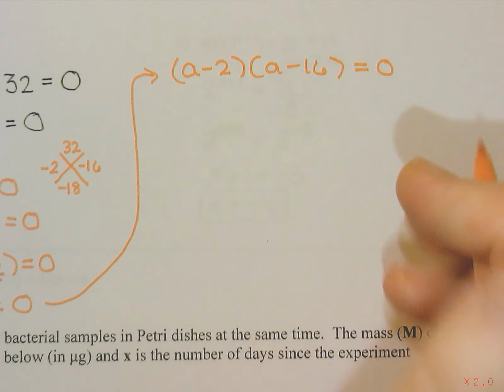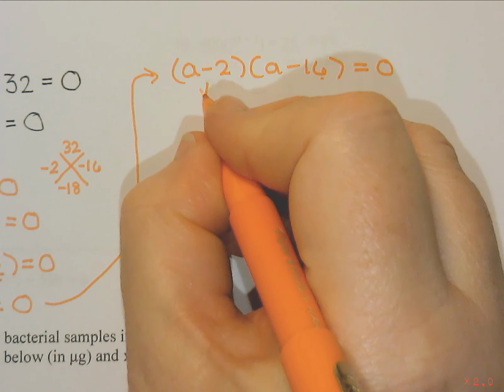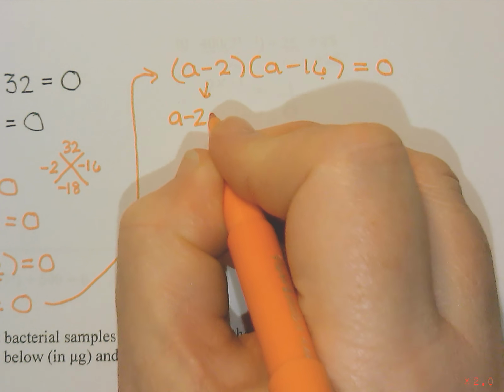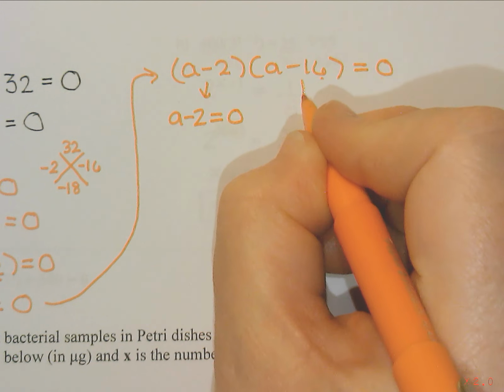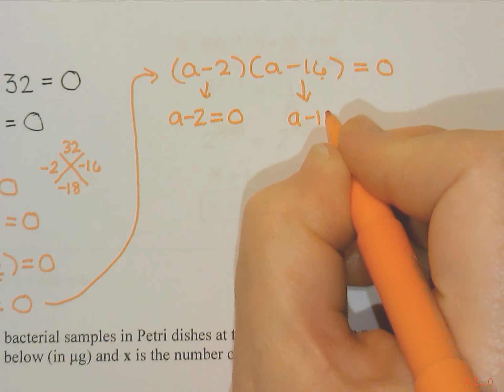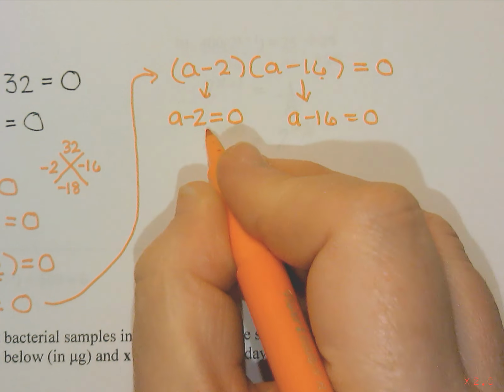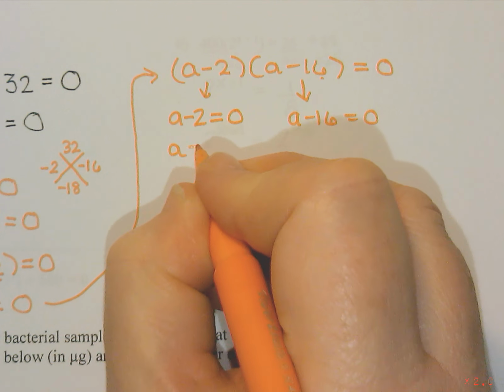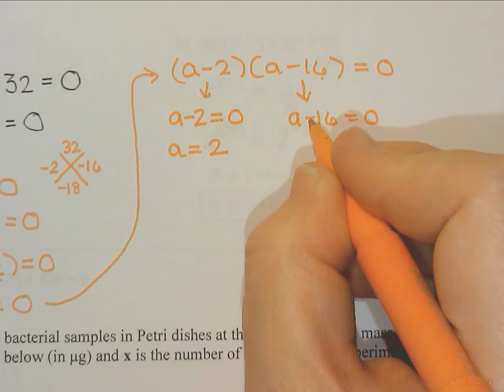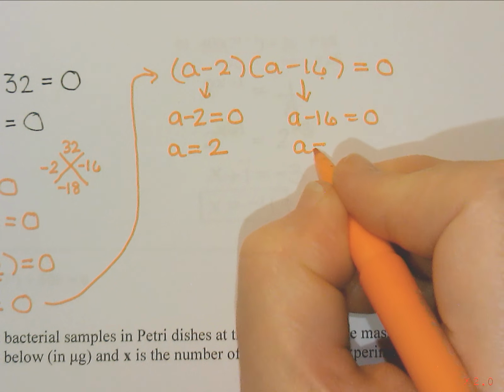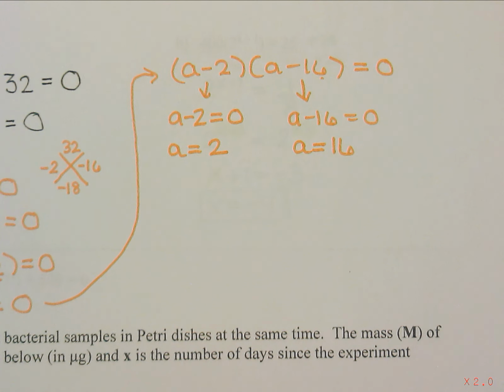That means one of those two brackets has to be 0. So either a minus 2 equals 0 or a minus 16 equals 0. I'm going to add 2 to both sides to get a equals 2, and then add 16 to both sides to get a equals 16.